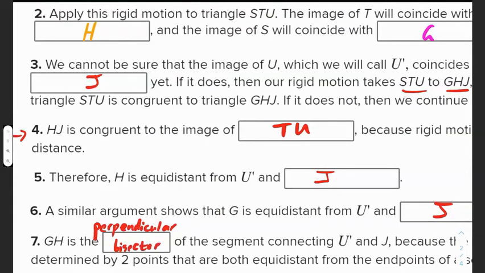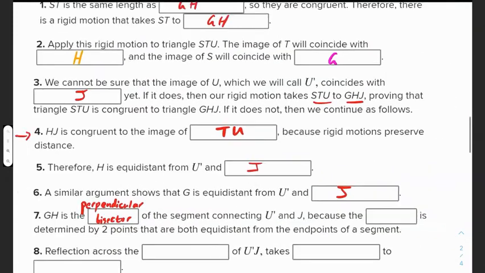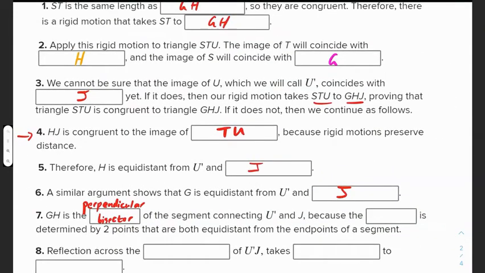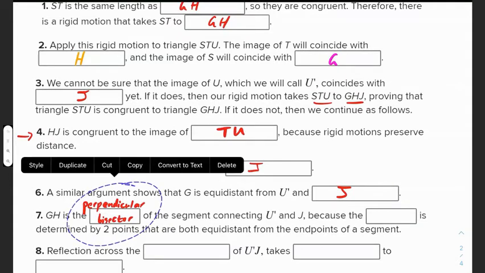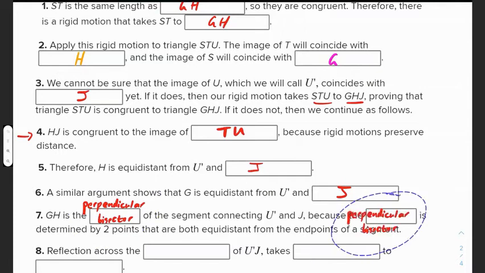All right. And they say because the blank is determined by 2 points that are both equidistant from the endpoints of the segment. Ooh, that is very much connected to yesterday's lesson. So they're still talking about perpendicular bisector here.